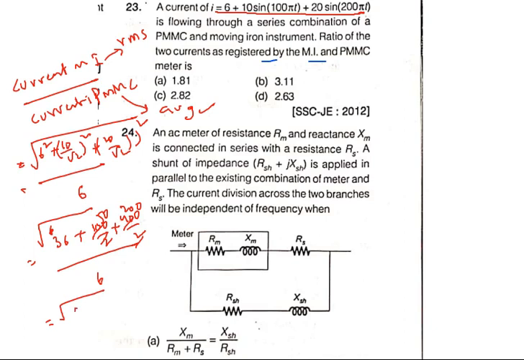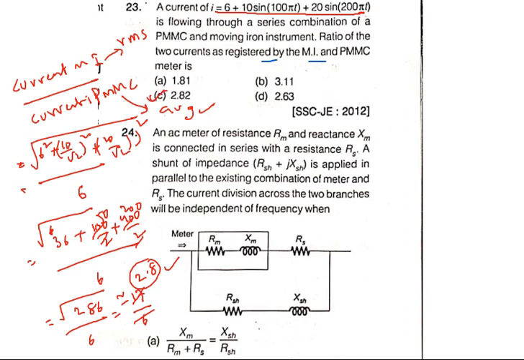Root of 286 by 6. This is near to 289, and we know that 17 squared is 289. So approximately we can equate it to 17 by 6. Simplify this: 6 twos are 12, 6 eights are 48, so 2.8. Approximately 2.8 is the correct answer, so C is the correct answer.